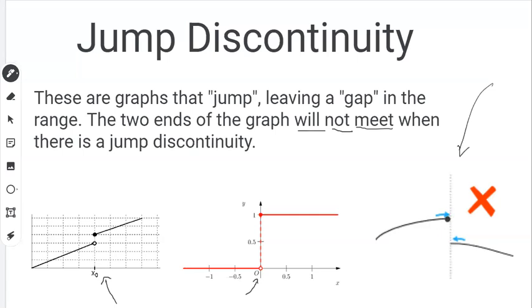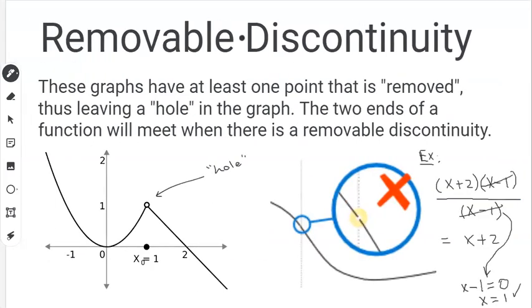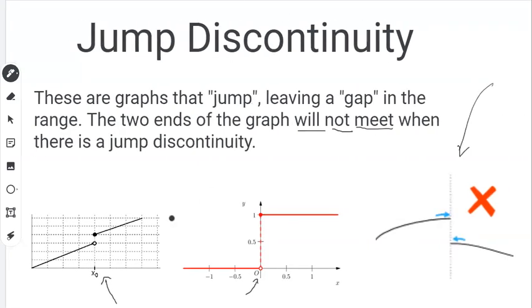And you'll notice that the two ends of the graph will not meet when you have a jump discontinuity. That's totally different, right? Because when we were talking about removable discontinuities back here, the two ends of the function actually meet together. But when you have a jump discontinuity, the two ends of the graph will never meet, okay? Because the graph jumps.